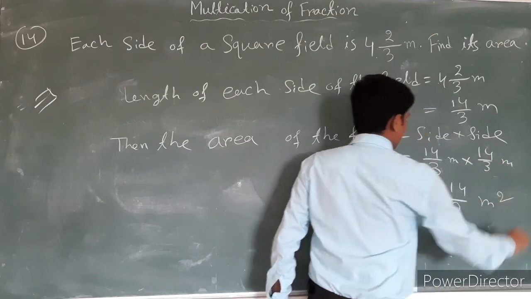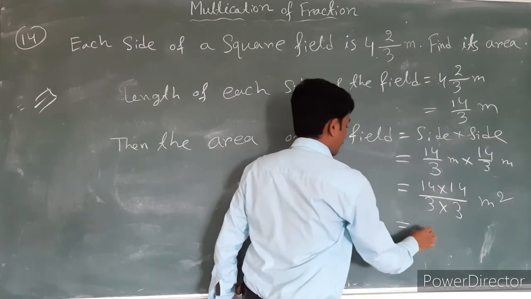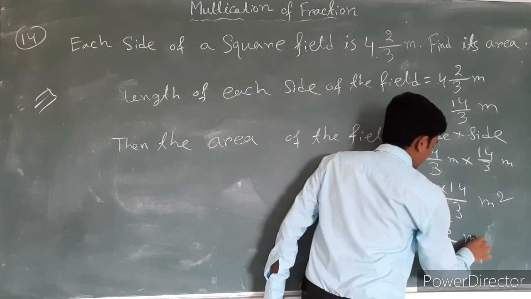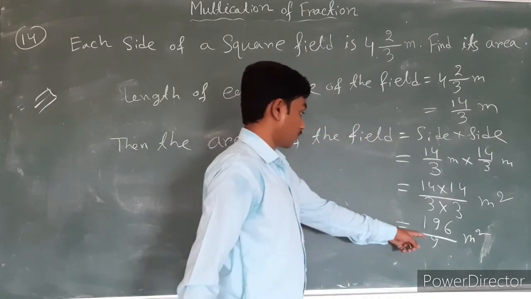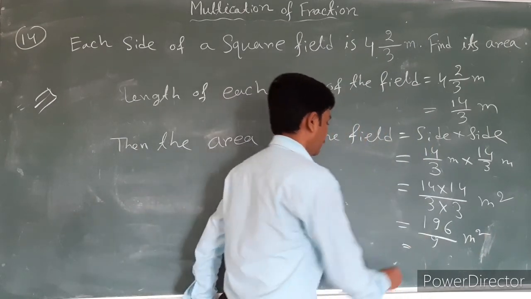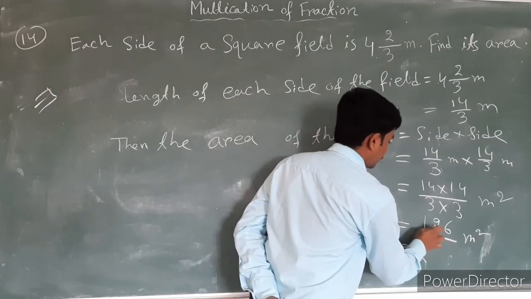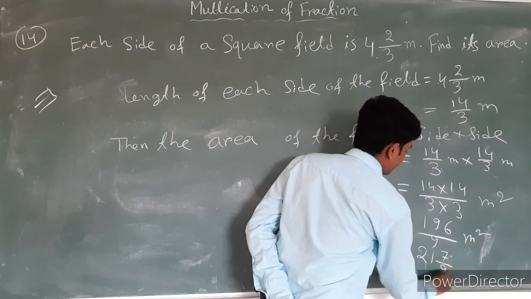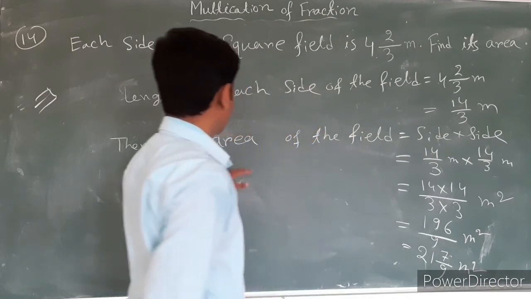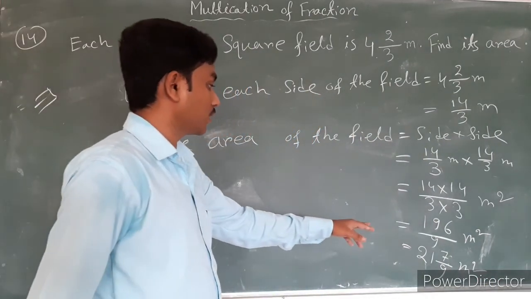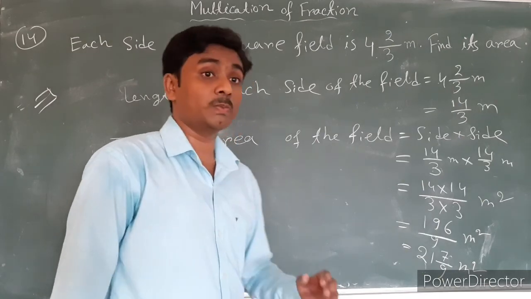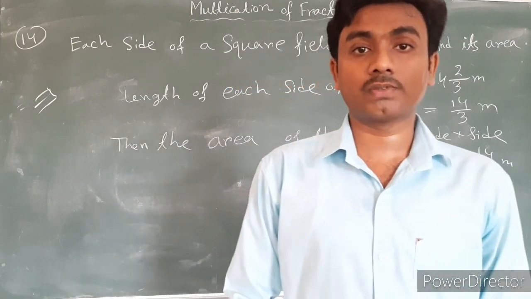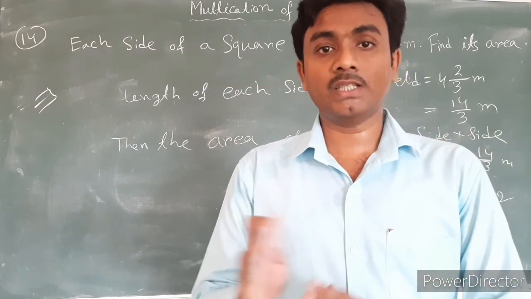Meter into meter, meter square. So 14 into 14 is 196. 3 into 3 is 9 meter square. We can convert into a mixed fraction. 9 twos are 18, 7 upon 9 meters. So the area of the square field is 21 whole 7 upon 9 meter square. If the field is rectangular, then the area of the rectangular field is equal to length multiplied by breadth.